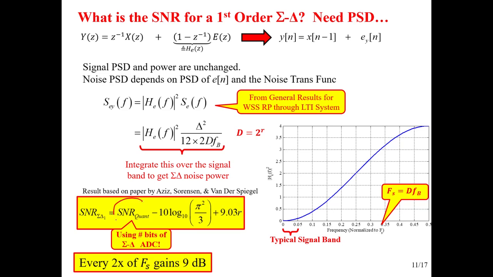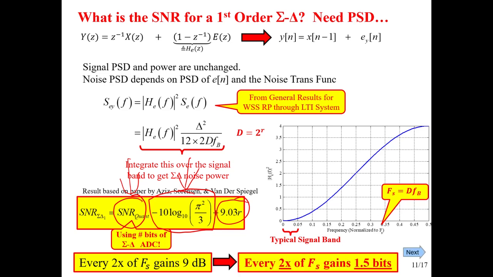Remember, this is our old friend 6 times the number of bits plus C, whatever the C is. But there's a penalty that we pay. So the question is, this is just fixed. This is fixed. And now we ramp that up as we say, how far up in sampling rate do we need to go? If we look at this, remember this gave us 6 dB per bit.